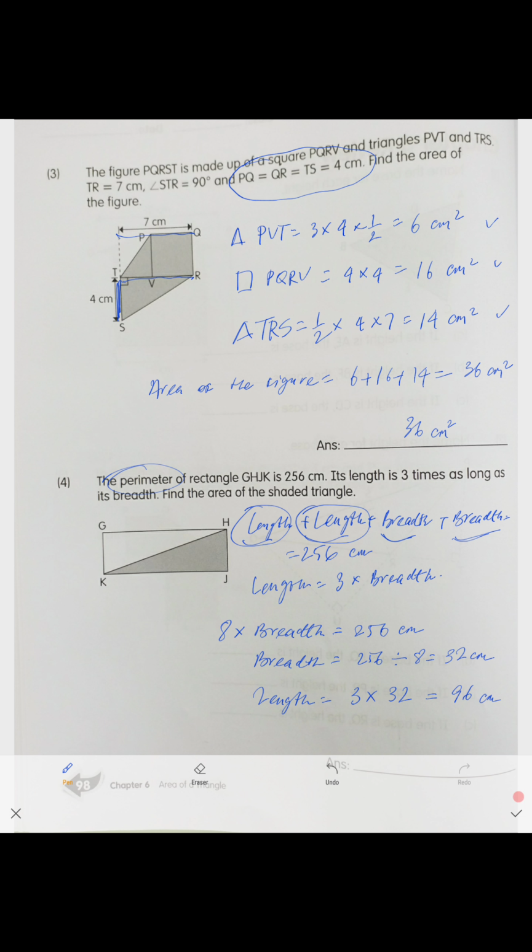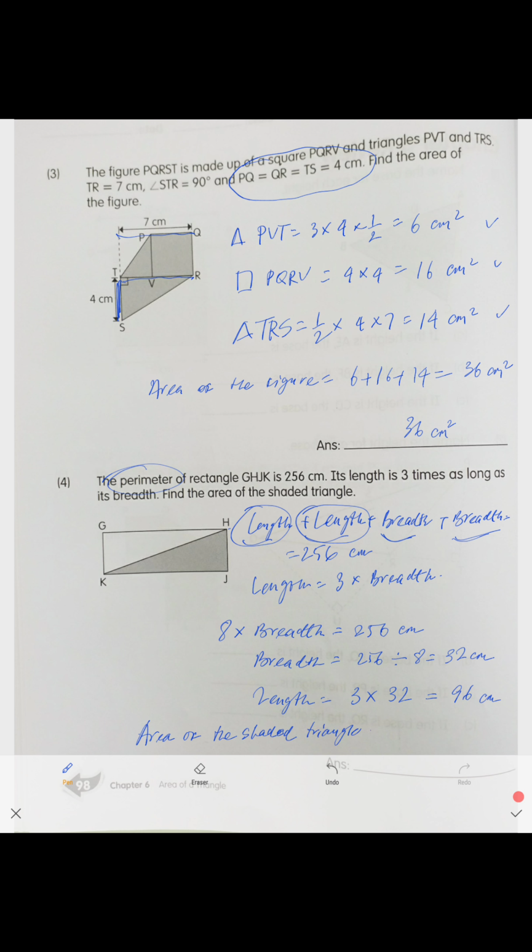Now we have our breadth, we have our length, and we have the height and the base of the triangle. So the area of the shaded triangle is the half of it.